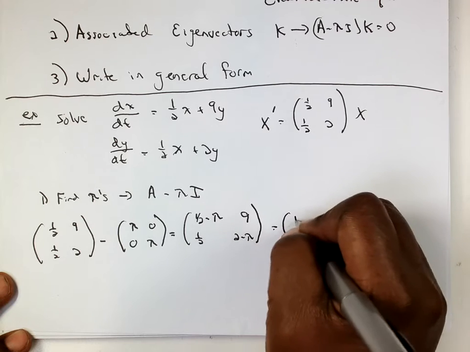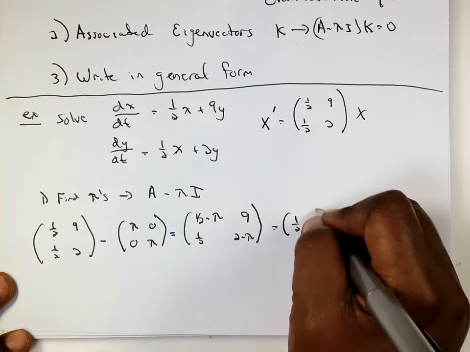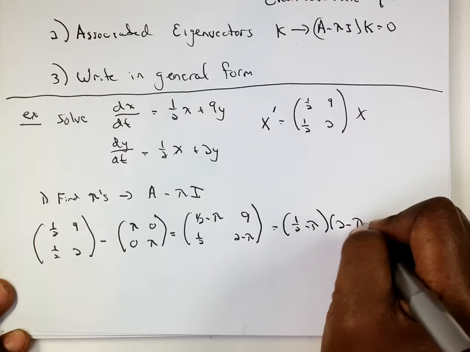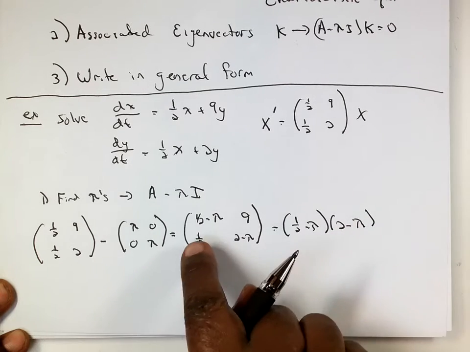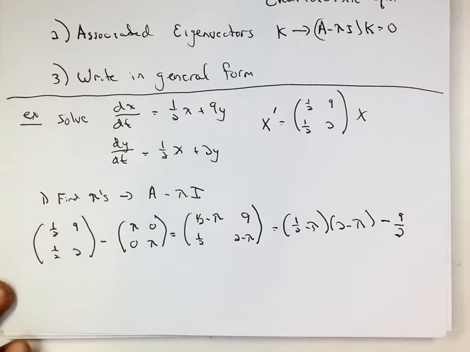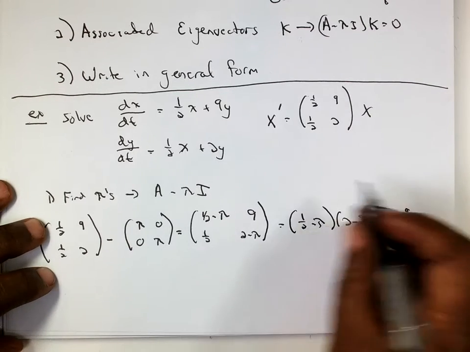We can just do the cross products. So I get 1/2 minus lambda times 2 minus lambda, and then in the other direction, I have 1/2 times 9, so I have minus 9/2. So I'm going to multiply that out.